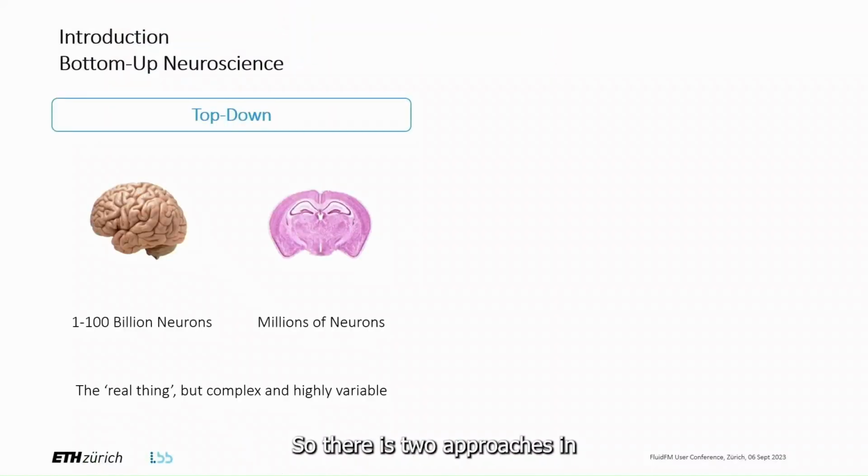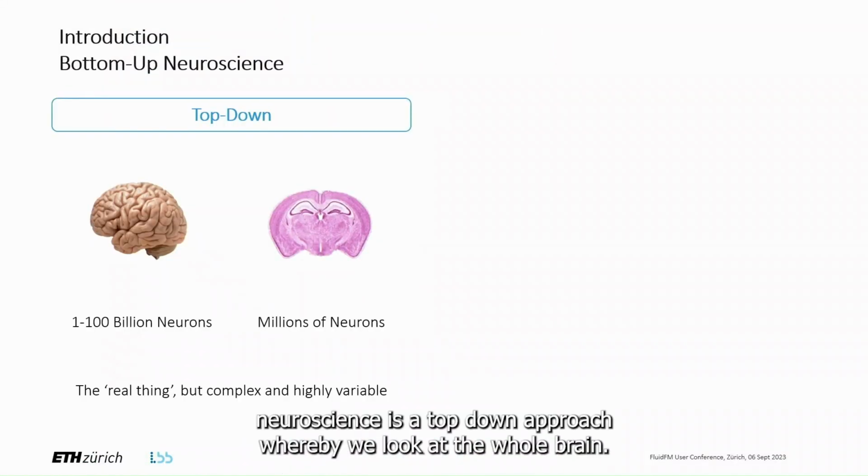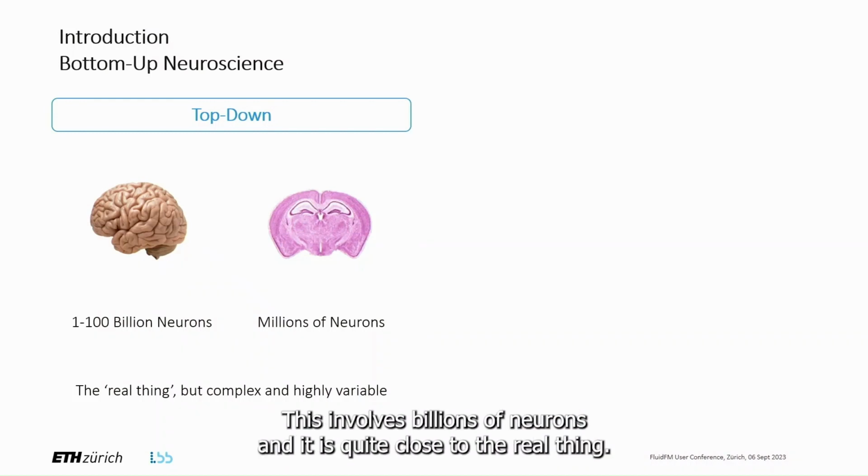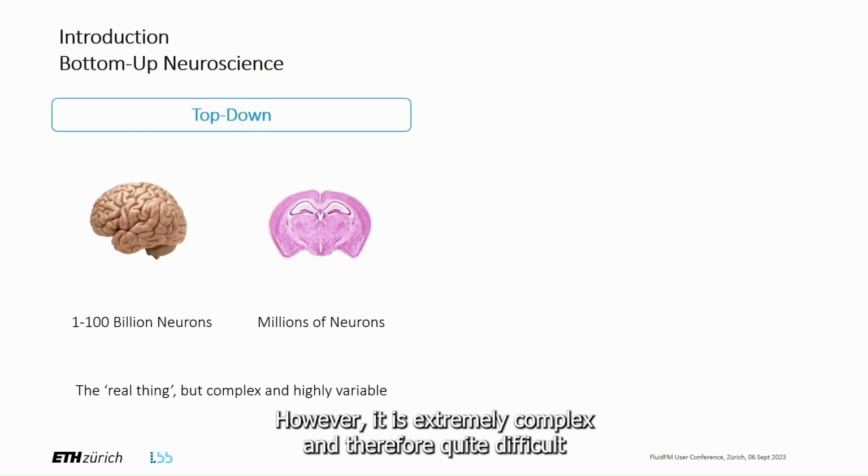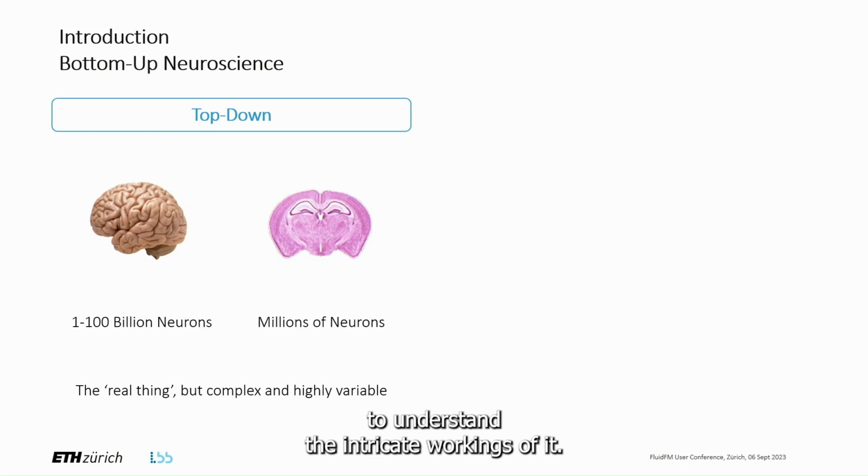So there are two approaches in neuroscience. There's a top-down approach whereby we look at the whole brain. This involves billions of neurons, and it is quite close to the real thing. However, it is extremely complex and therefore quite difficult to understand the intricate workings of it.